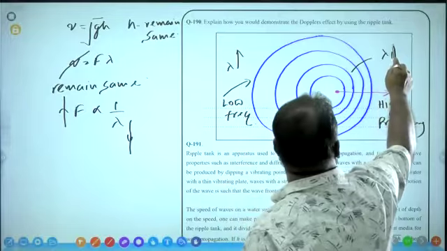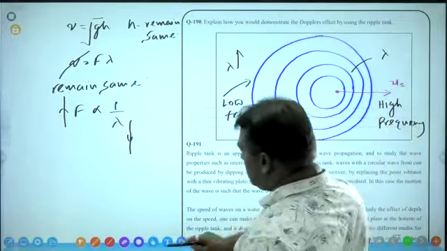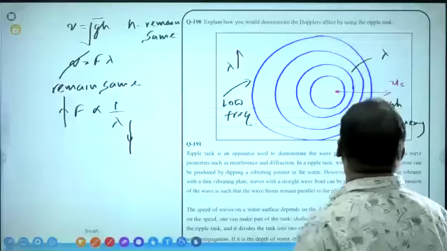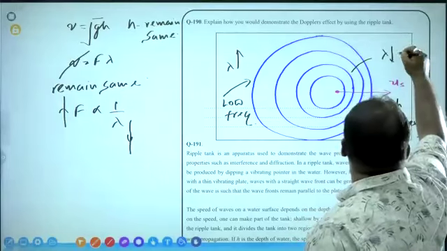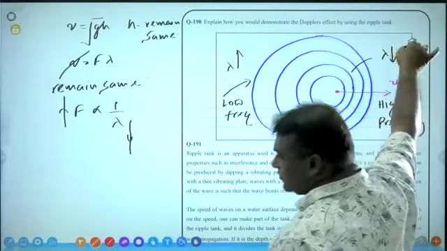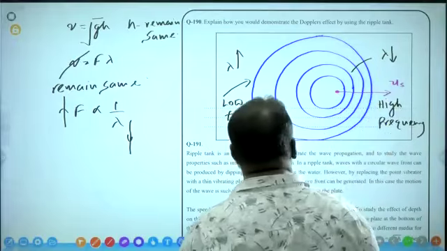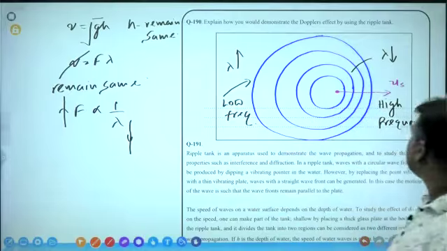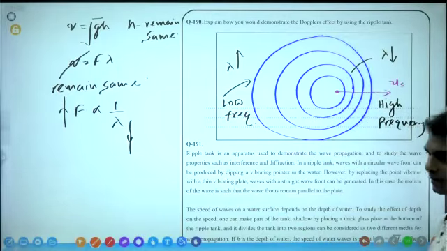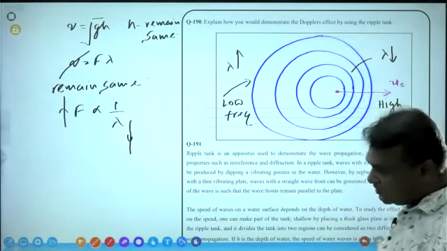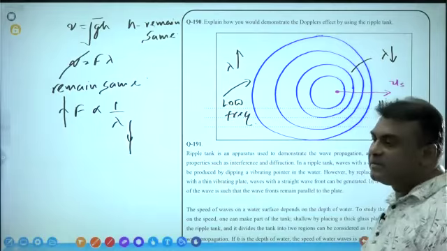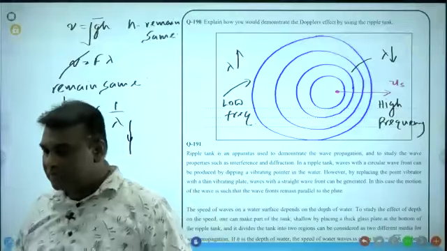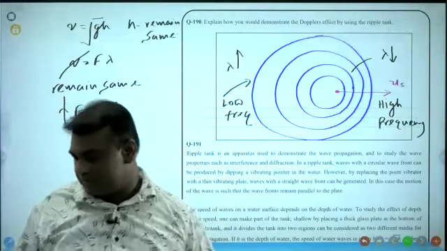Wavelength decreases by increasing the frequency. This one decreases, right? At this side. Then towards the direction of the source, frequency increases.